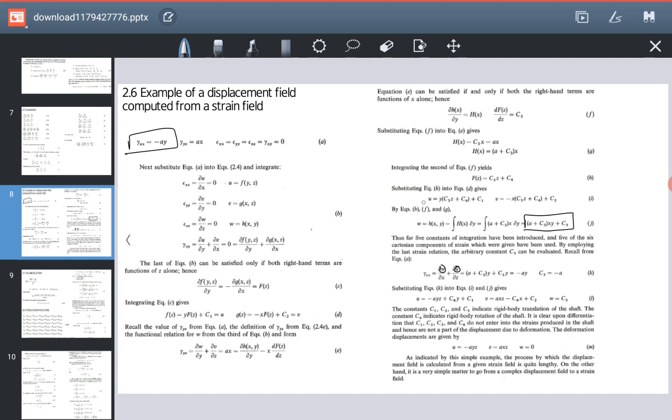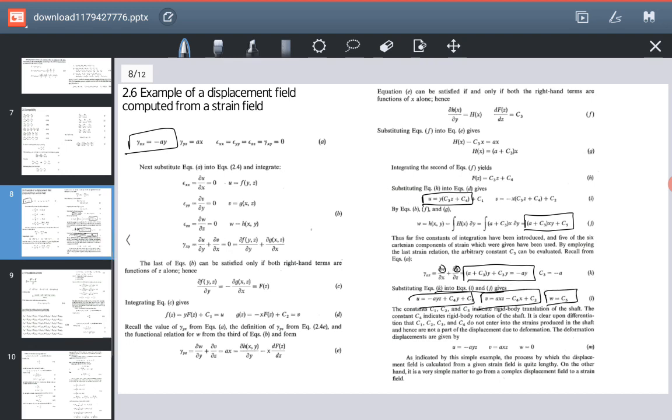All right, this is u, if I'm not wrong. Applying the derivative, we are going to get this. So c3 equals minus a. Substituting equation k in equation i and j, we're going to get this, and w equals c5.